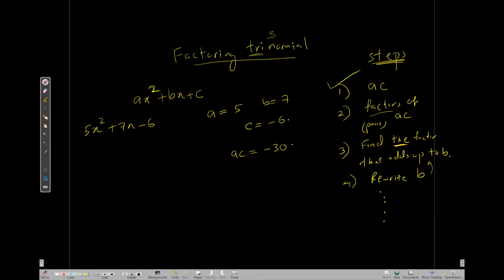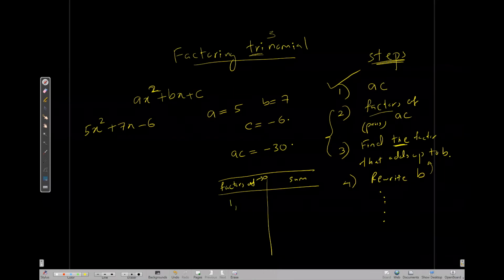Now, steps number 2 and 3 can be done in a table nicely. Factors of negative 30 and sum of those factors. First, how can you get negative 30? So 1 times negative 30 or negative 1 times 30, right?